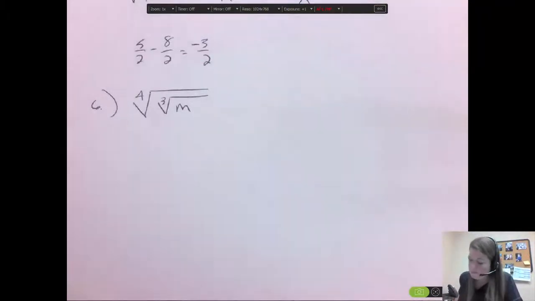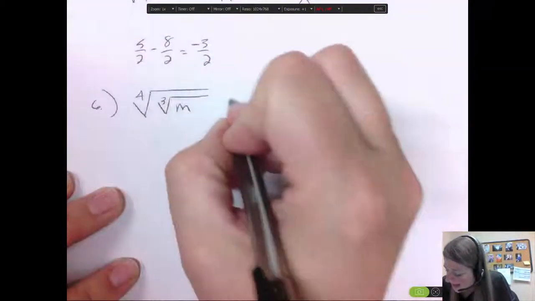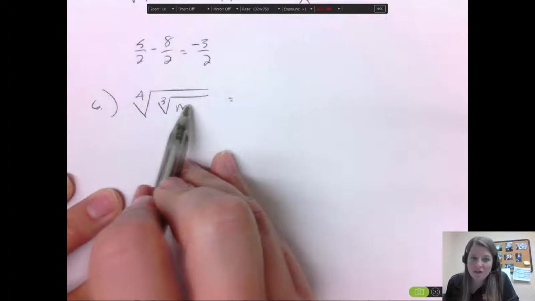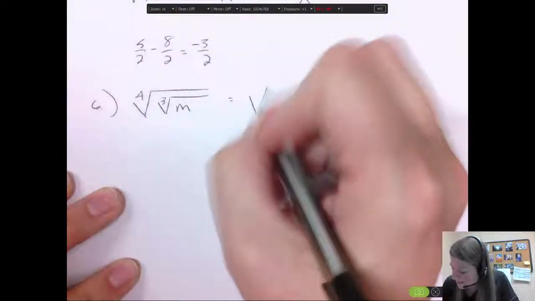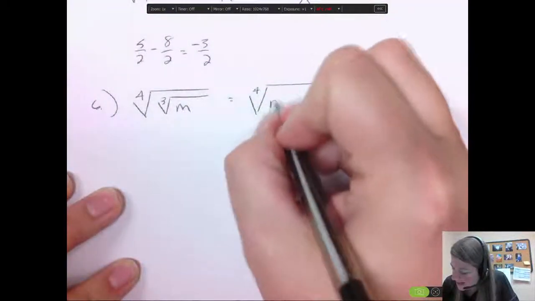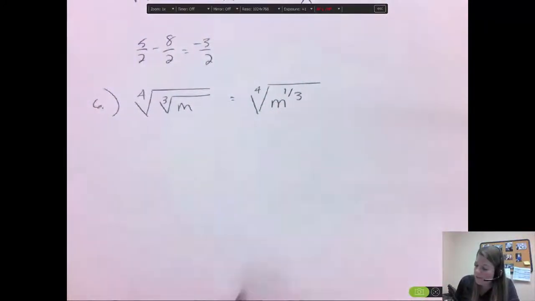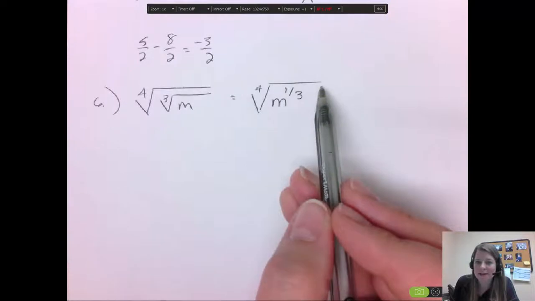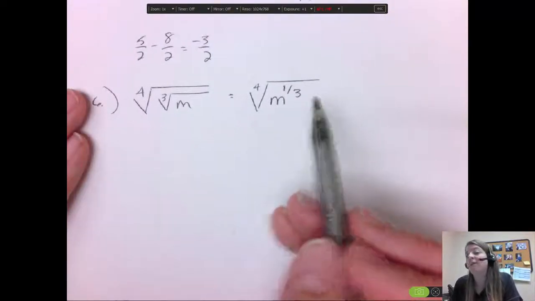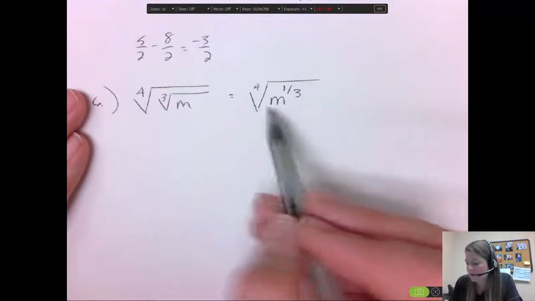All right, so this one, we start with the middle, and I can think of this as m to the 1st to the 3rd. So I'm going to keep the outside out here, and I'm going to write this as m to the 1/3 power. Then what is this outside one doing? Well, it is like a 4th, right? Because you don't have another exponent.